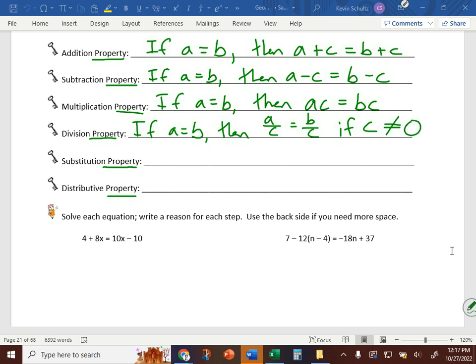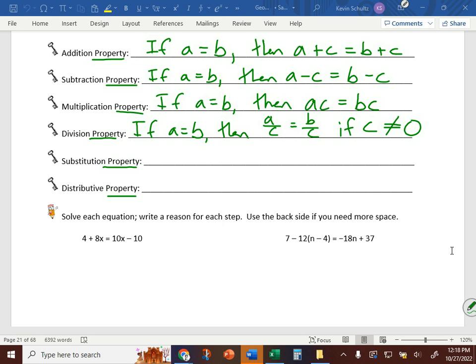If C is unequal to 0, because if you divide by 0, you get the undefined, which has no value. And if something doesn't have a value, it cannot be set equal. Okay, 0 is still a value, right? But dividing by 0, that undefined, that is not a value. So as long as C isn't 0, then the division property is true.